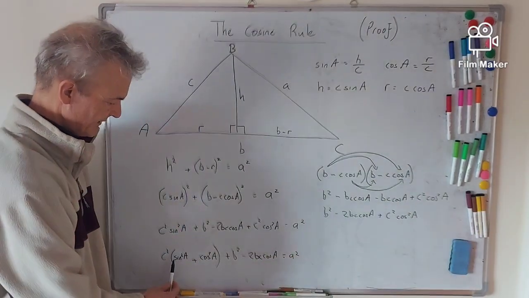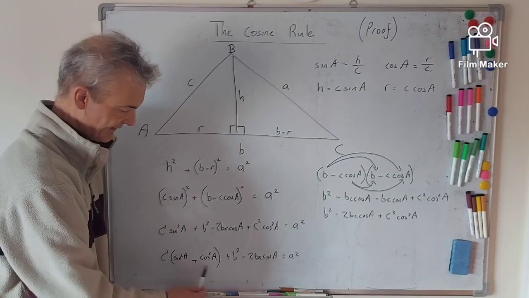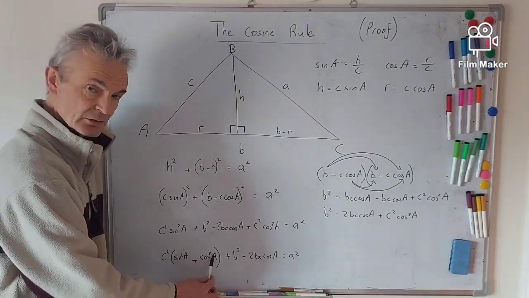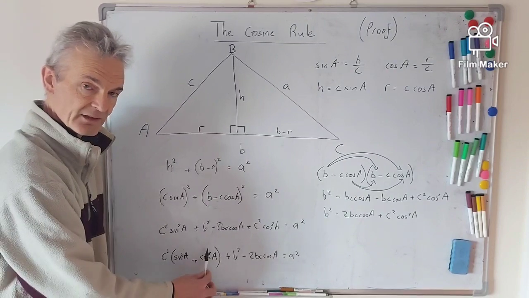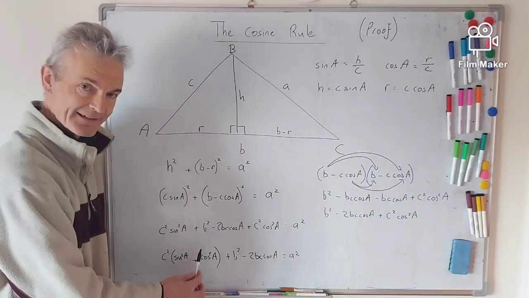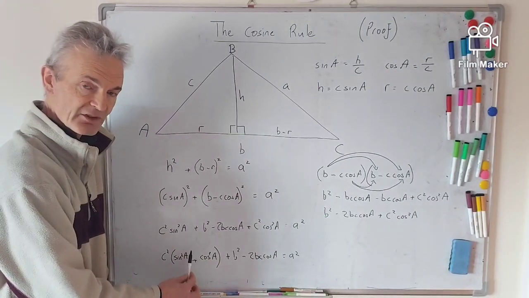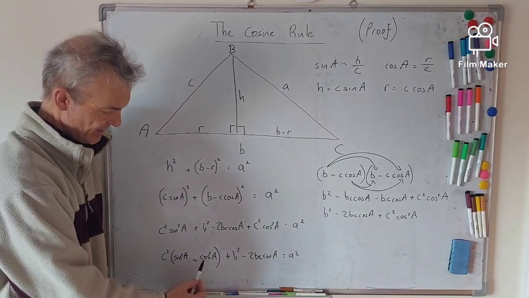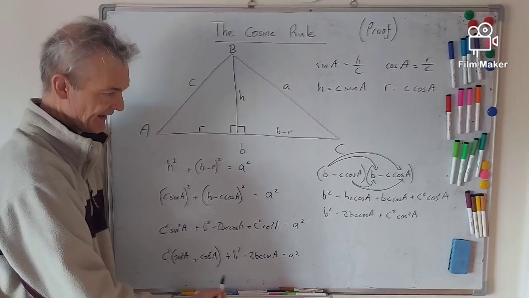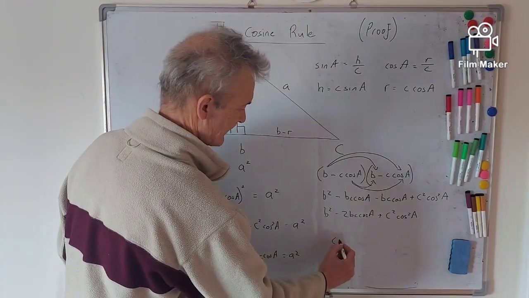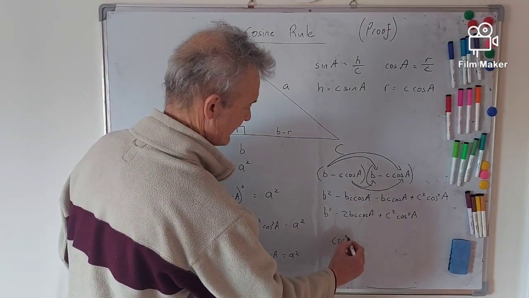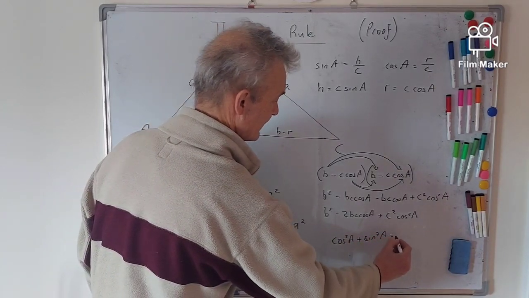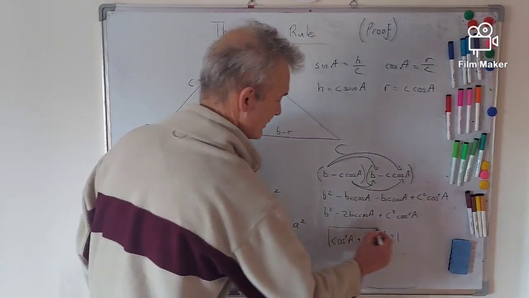Now, this bit in brackets we've seen before in a previous video that I've done on trig identities. If you've not seen that, I'll put a link below and you can check this out. But you should be aware that this cos squared A plus sine squared A equals 1.